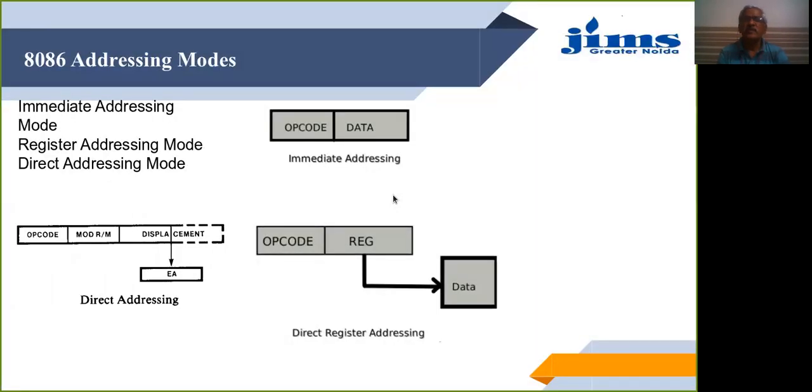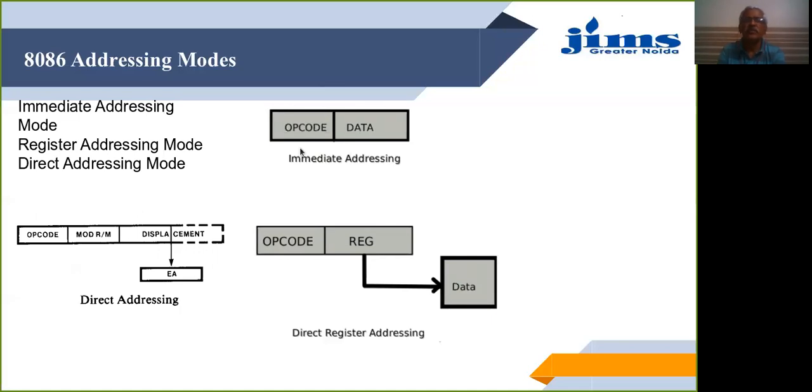Starting with the very simple ones, the first three are very simple: the immediate addressing mode, the register addressing mode, and the direct addressing mode. The immediate addressing mode: the meaning of immediate is the instruction. In this case the complete box is an instruction, divided into two parts.